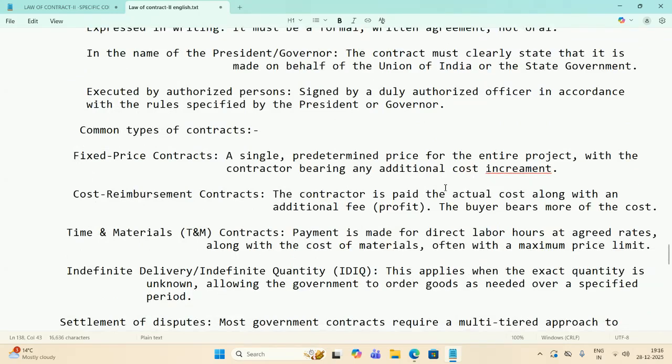Now, common types of contracts. Fixed price contracts: a single predetermined price for the entire project, with the contractor bearing any additional cost increment. Cost reimbursement contract: the contractor is paid the actual cost along with an additional fee or profit.